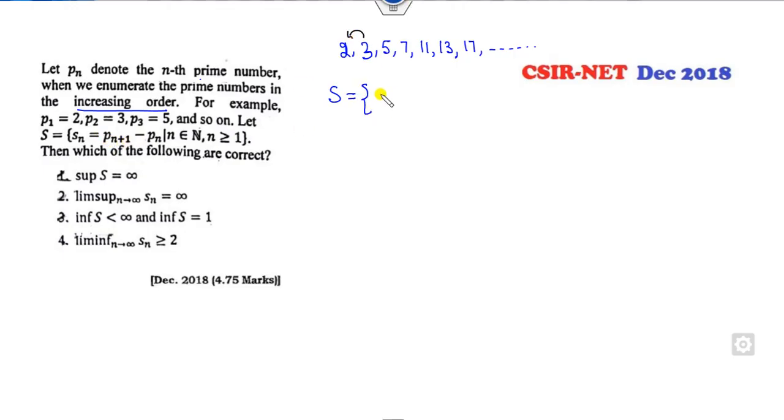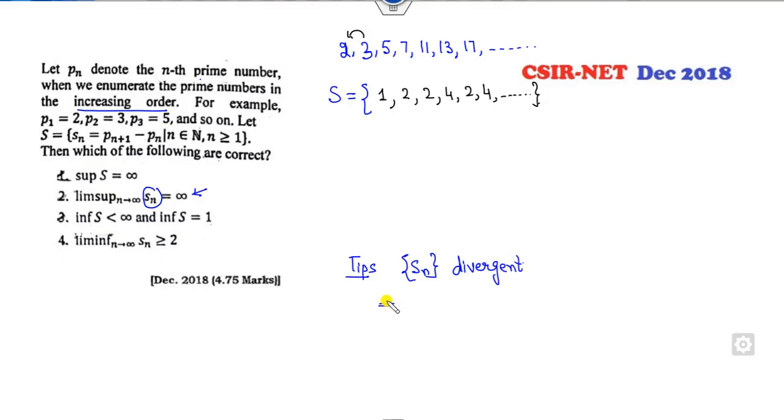The difference between the first two is 1. The next one is 2, the next is again 2, then 4, 2, 4 and so on. Which of the following is correct? They are talking about the limit. What is the meaning of infinity? How can you say that it's infinity? As I mentioned in the earlier tips, if I prove the sequence S_n is divergent.